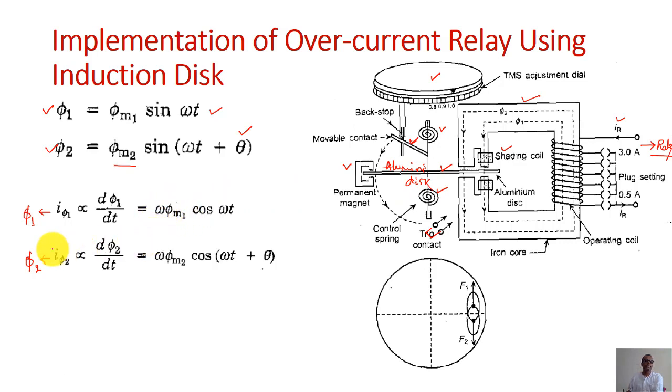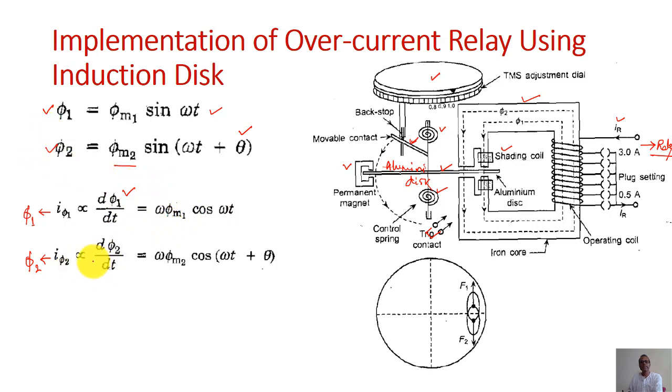Obviously I phi 1 will be directly proportional to the voltage induced by the change in flux phi 1, that is, directly proportional to d phi 1 by dt, which is proportional to omega phi m1 cos omega t. Just by taking the derivative of phi 1 we get this expression.